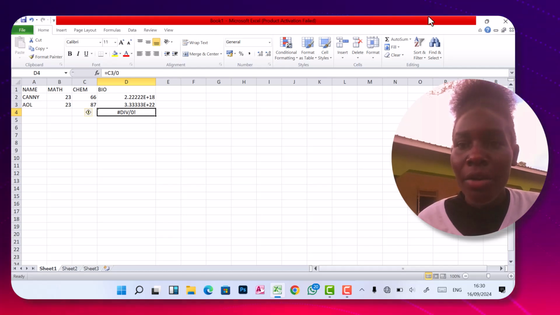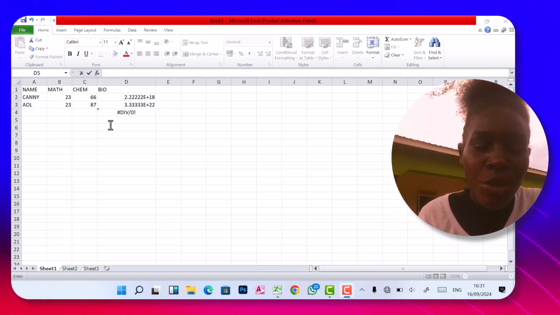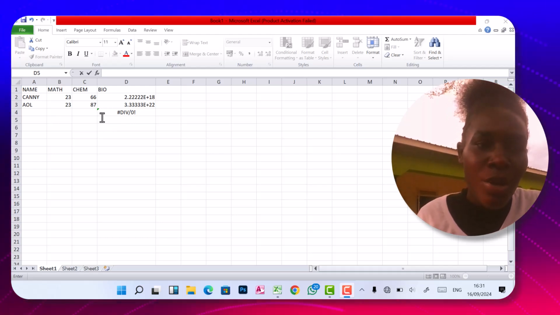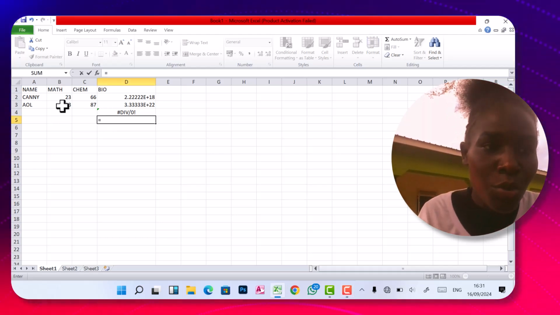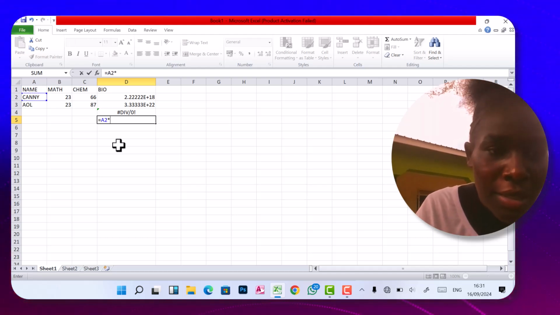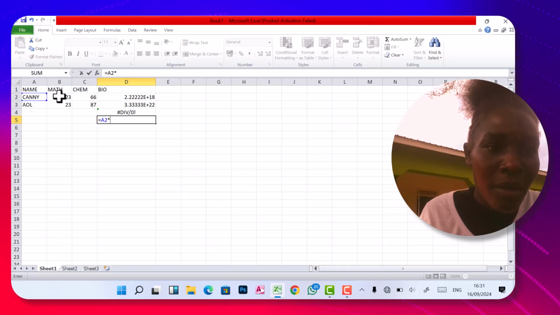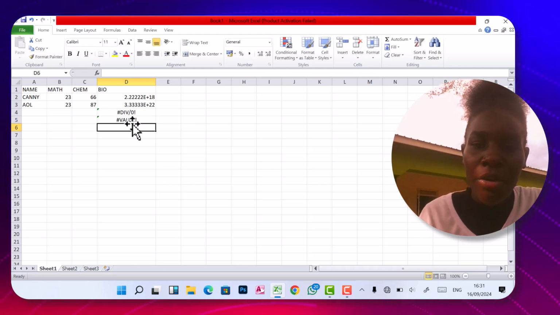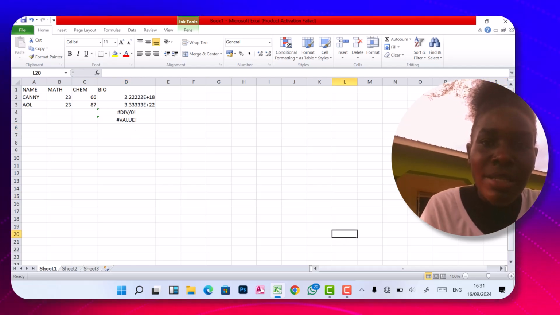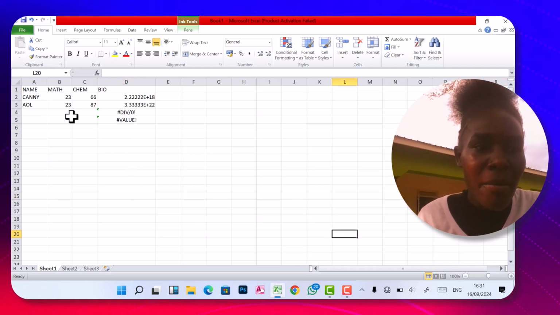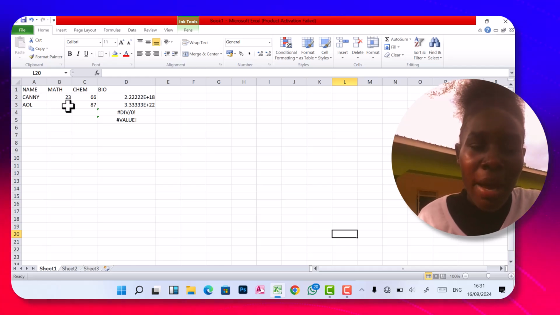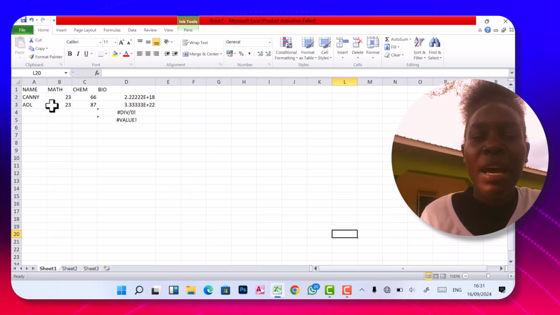So another error, so you keep getting up, you keep mastering all the errors. Let me say, is equals to, maybe I get that cell, I multiply it by maybe this cell, then I enter. So this is also another error. This error is telling us that there is nothing. Remember, I multiplied this cell, and this cell is a name, and this one is a number. You can't multiply a number and a name and get a value.